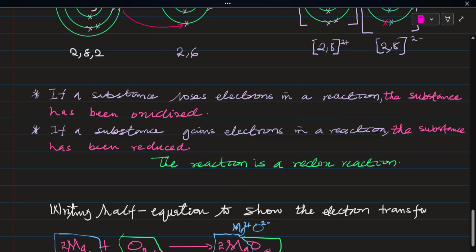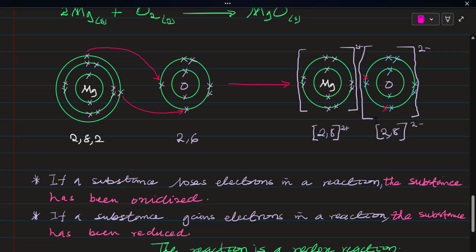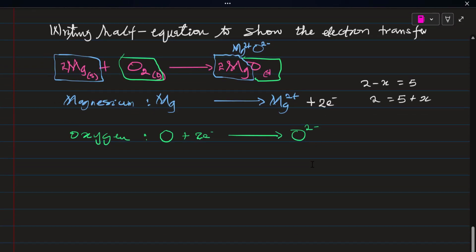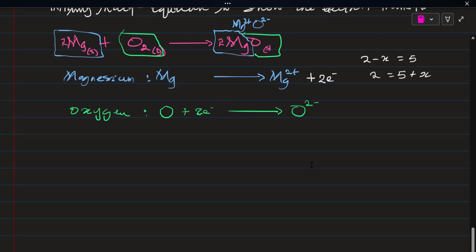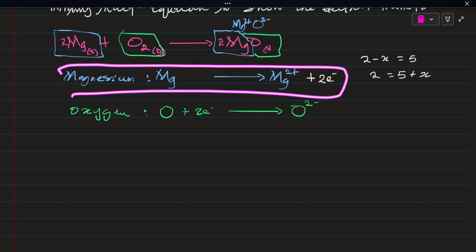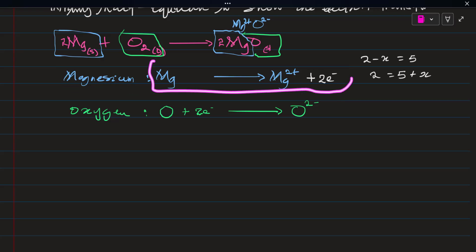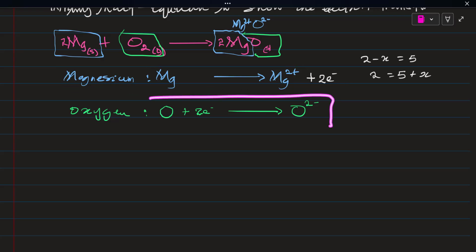If you go back up here, you will see that this is our O, and this is our 2 minus. So we're just writing the same thing. This is the magnesium half of the equation, and this is the oxygen half of the equation.